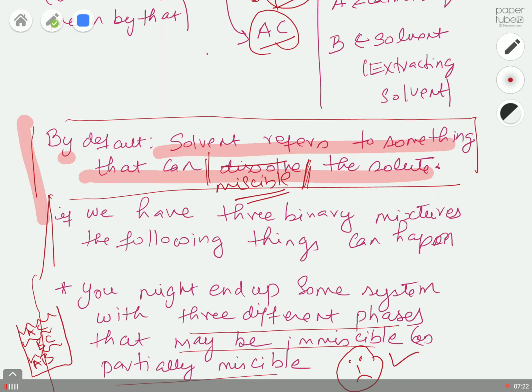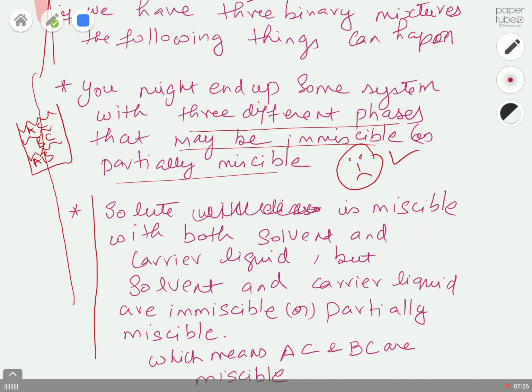Another case, the second one: your solute is miscible with both your solvent and your carrier liquid, but your solvent and your carrier liquid are immiscible or maybe partially miscible. So A and C, and B and C, are miscible.